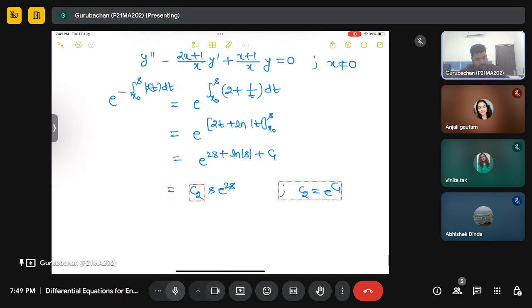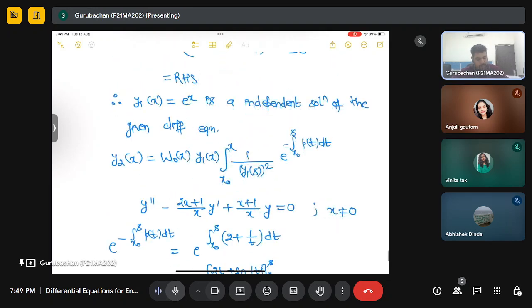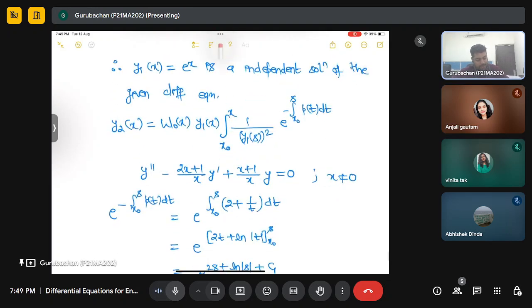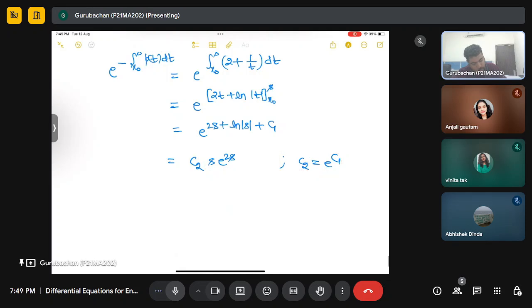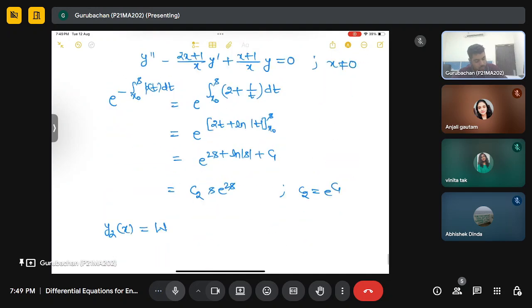Okay. Then the other thing is y2(x), which is equal to w at x naught.